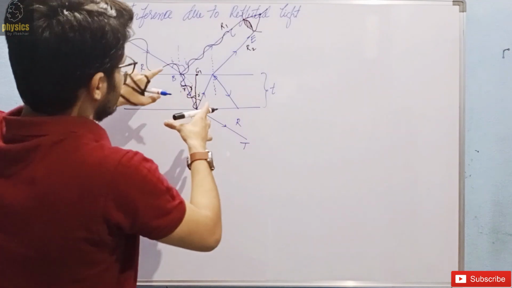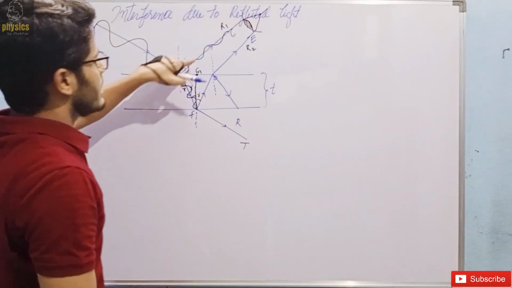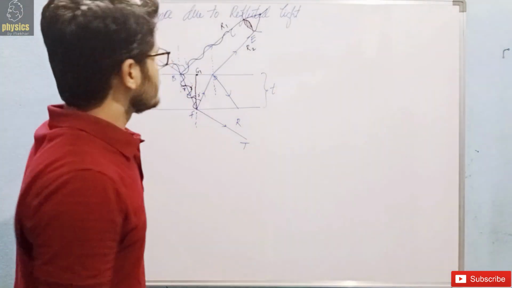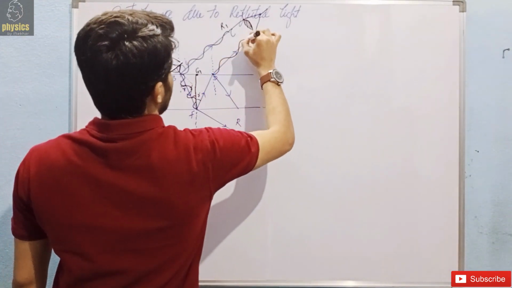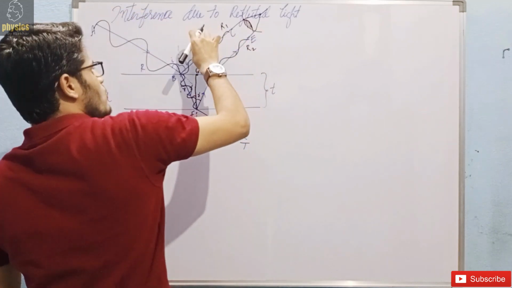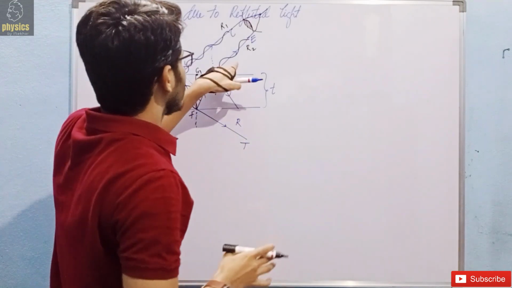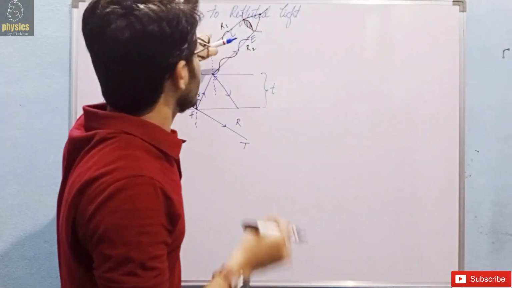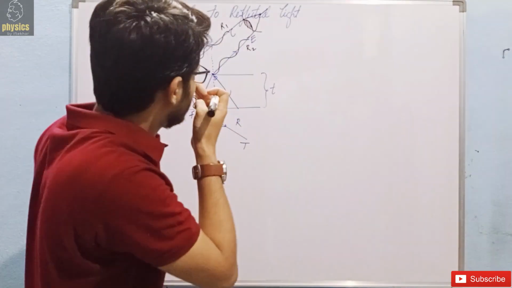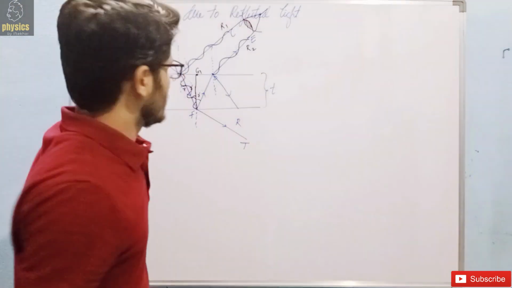That is the idea: splitting of amplitudes. That's how you're getting the two waves. And again here, this amplitude and this amplitude won't be exactly the same. The ray 2's amplitude will be a bit lesser as compared to the ray 1's amplitude. Even then they will interfere.